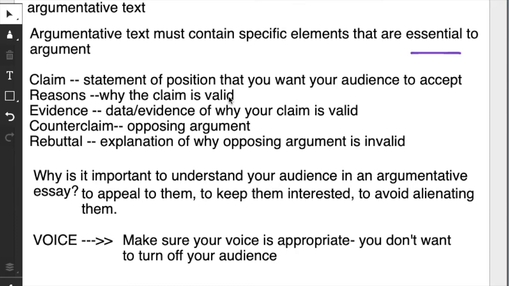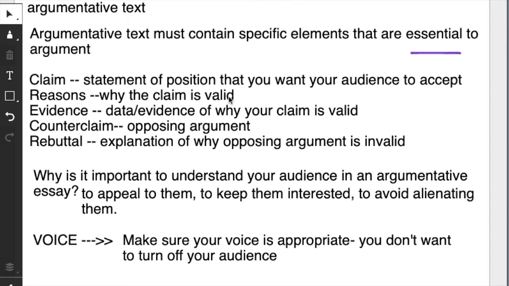I'm going to go to the word voice at the very bottom where it says voice. This is what I'm talking about. You want to make sure that the attitude and the tone of your essay is respectful at all times to your audience. You might not persuade them, but you want them to walk away having had a good experience so that their mind isn't completely closed off to the ideas you've presented.